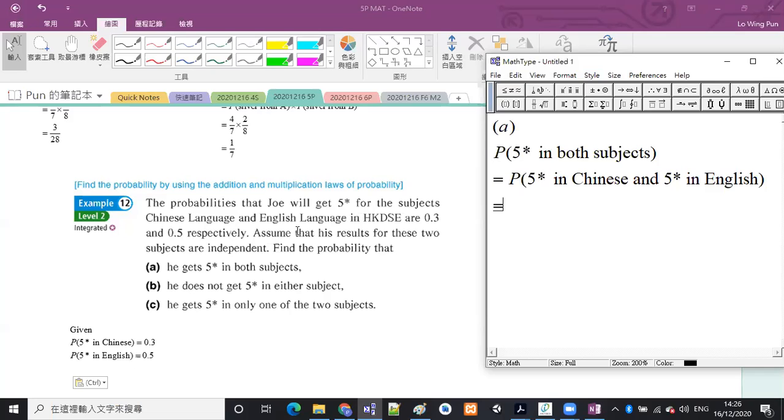I just rephrase the given sentence into the format that is suitable for us to do the calculation. Okay? And then it is P in the format of P, A and B. And the A and B are from different sources. The first one is in Chinese, and then the second one is from English. Okay? So we can separate them. 5-star in Chinese, and then times P 5-star in English.